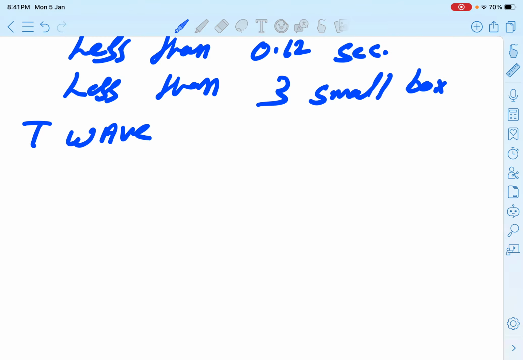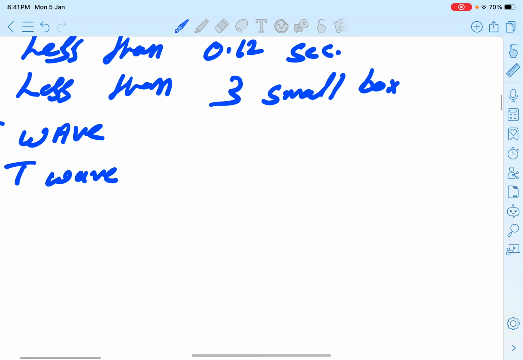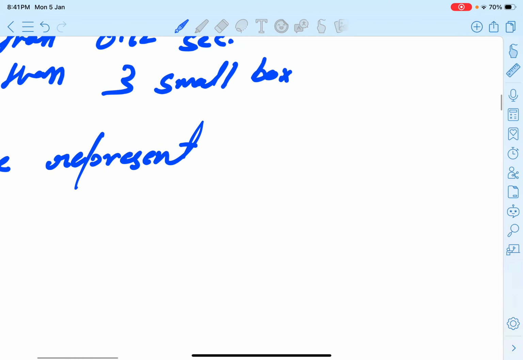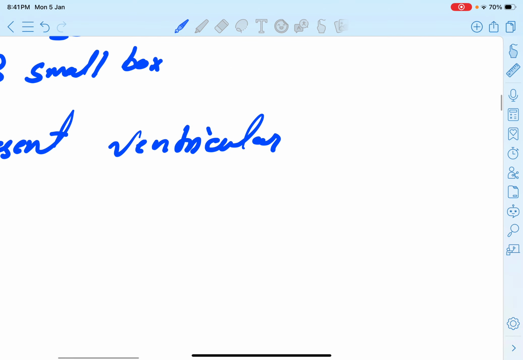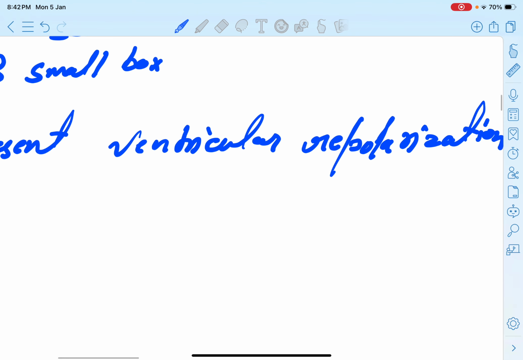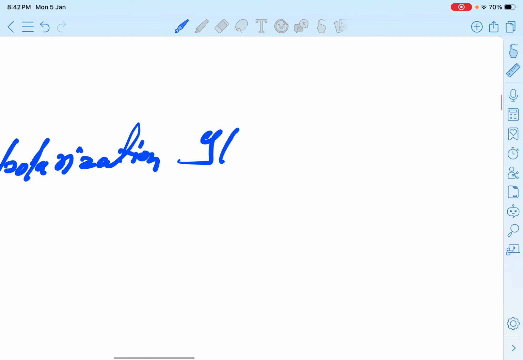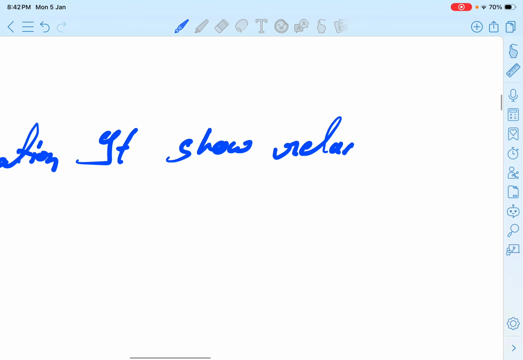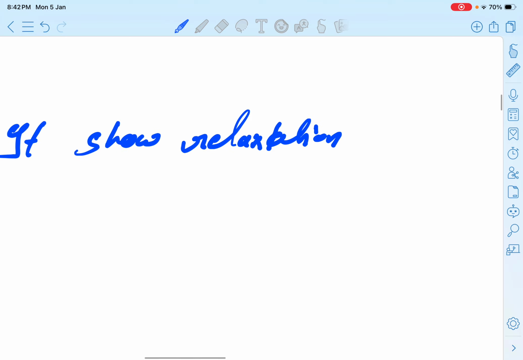T wave represents ventricular repolarization. It shows relaxation of the ventricle.